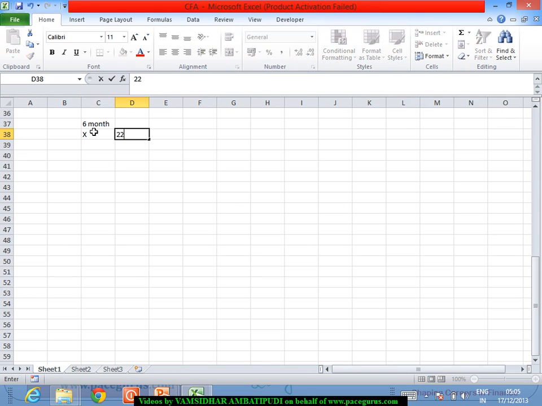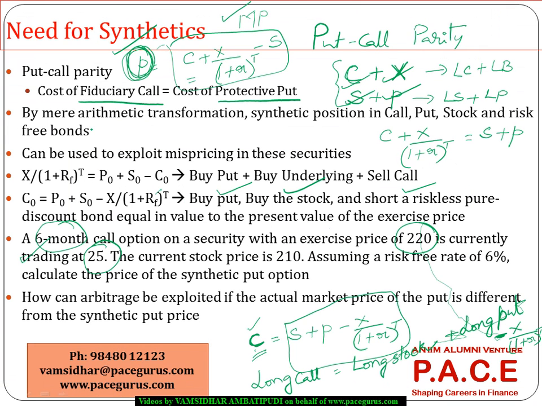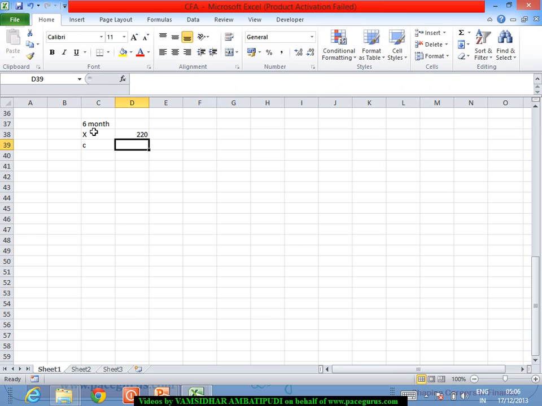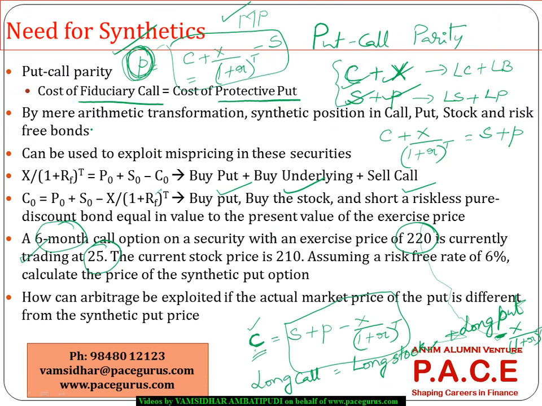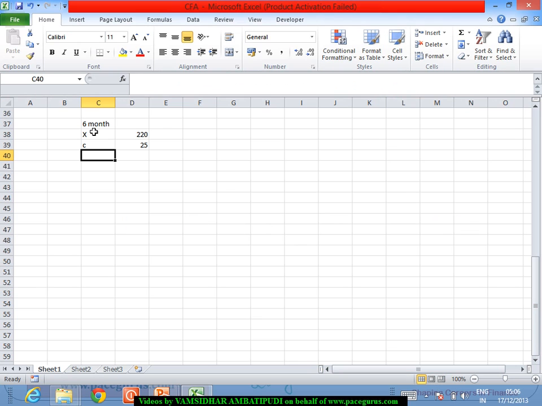So X is given as 220. Trading at 25, so the call option price is 25. The current stock price is 210. So yes, I can take it as 210.